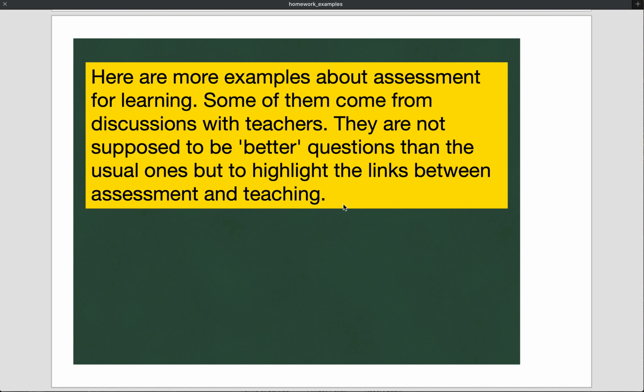They come from different situations where there are certain reasons for modifying the questions. But bear in mind, it doesn't mean that any one of these is definitely better in all classrooms or all kinds of learning situations. The more important thing is that we want to highlight the relation between assessment, teaching, and learning through the settings of ordinary exercises.